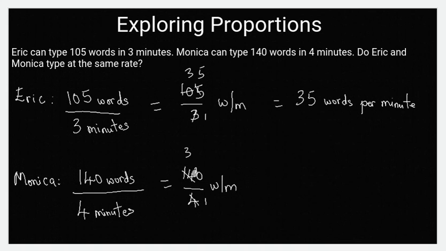You'd have 2 left. How many 4's in 20? 5 times 4, 20. Now we have our answer. Monica also types at the rate of 35 words per minute. So, to our question, do Eric and Monica type at the same rates? The answer is a big yes. They do type at the same rates.